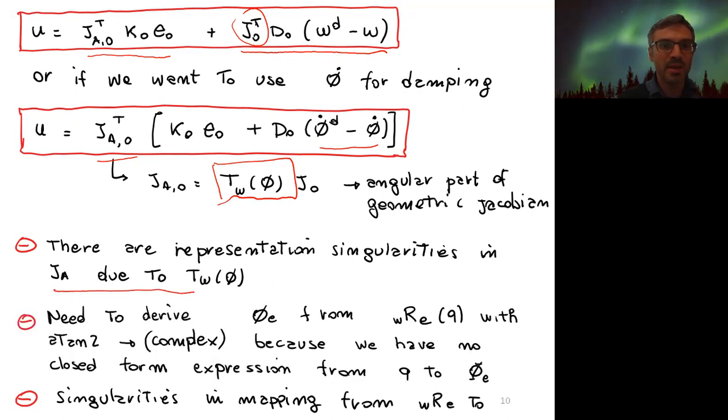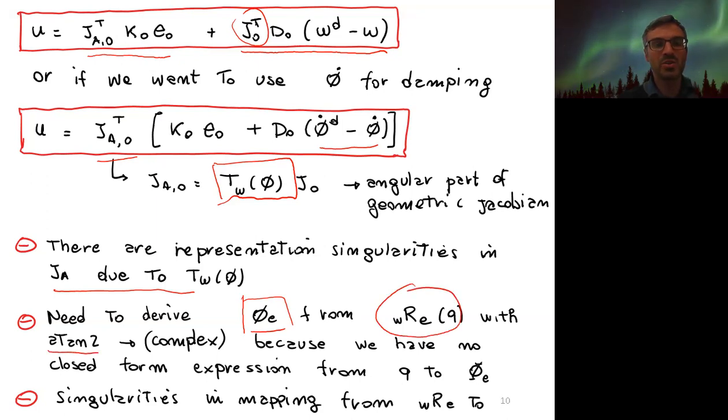This is one shortcoming. Another shortcoming is that we need to derive the Euler angles relative to the actual orientation from the rotation matrix, which has this expression with the Atan2, which is quite complex, because of course there is no closed form expression that links joint positions into Euler angles.